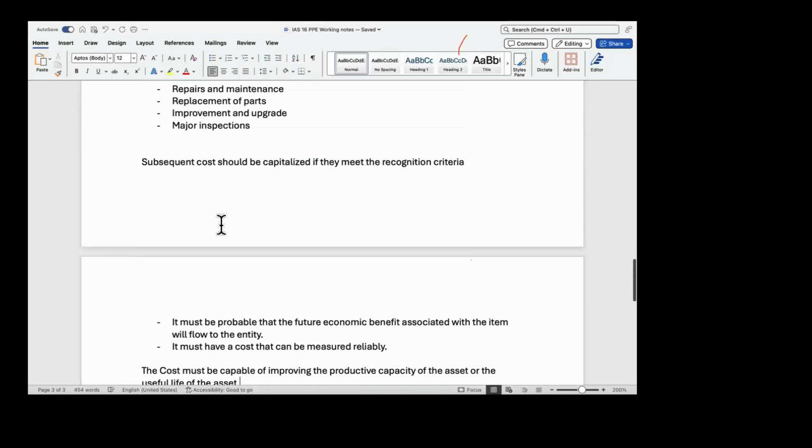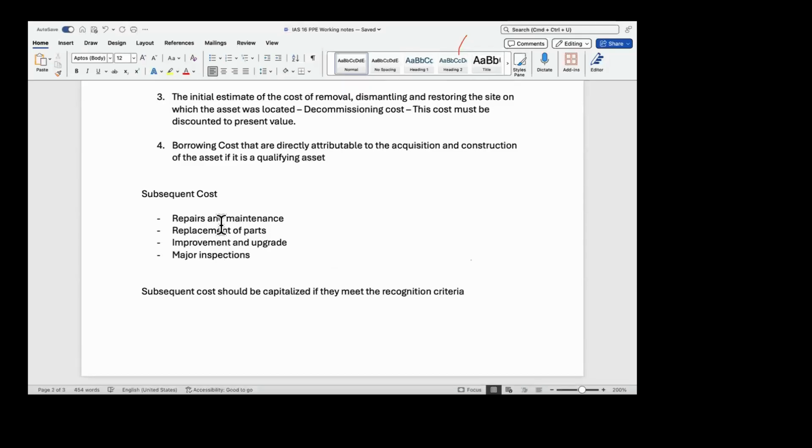Your exams are always straightforward, right? In the exam, the examiner will be very clear that, okay, we bought an asset in 2001. During 2002, we incurred 100 million. And because of this additional 100 million we incurred on this asset, the useful life of the asset increased by 2 years. They will now say you should account for that additional 100 million.